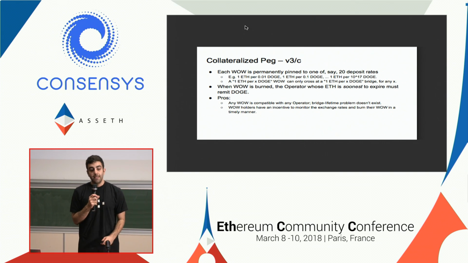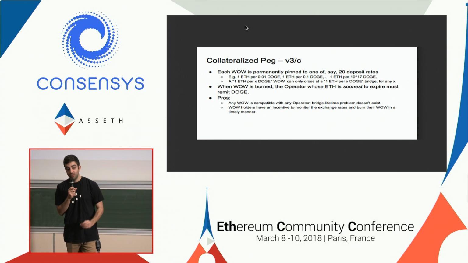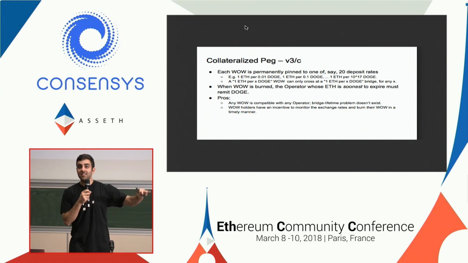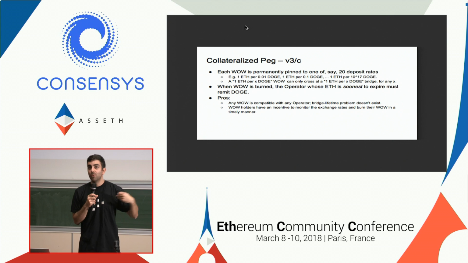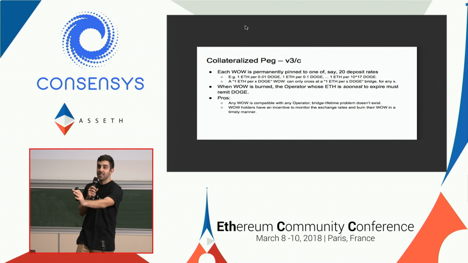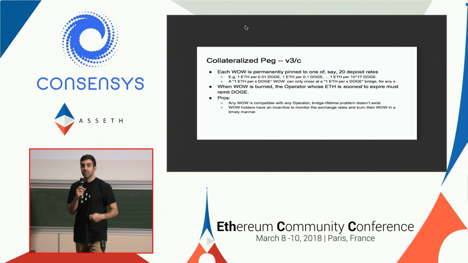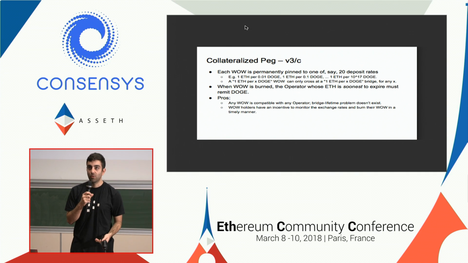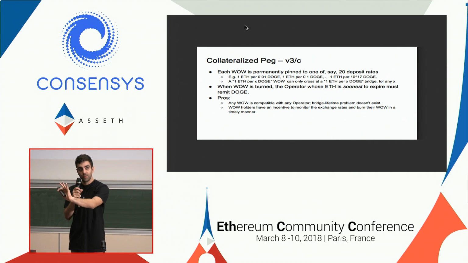The third one, which is a more recent idea and not fully fleshed out, is to create different tiers of exchange rates. It's getting complicated. You create different tiers of exchange rates at which WOW tokens could be collateralized by the ETH. So when you want to cross one of these bridges, you actually state what ratio of collateral you require. That's one part of the design.